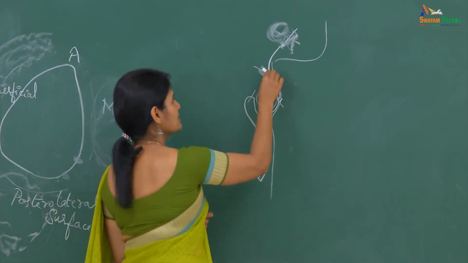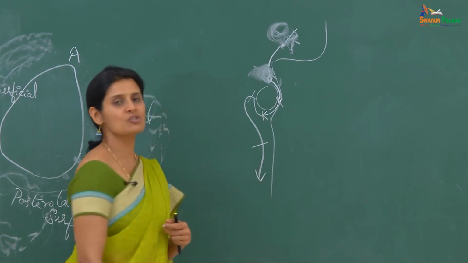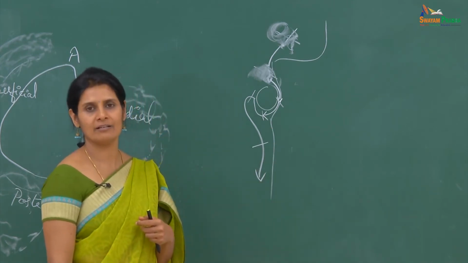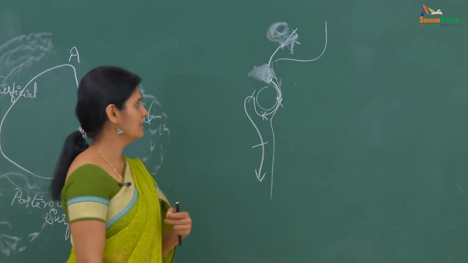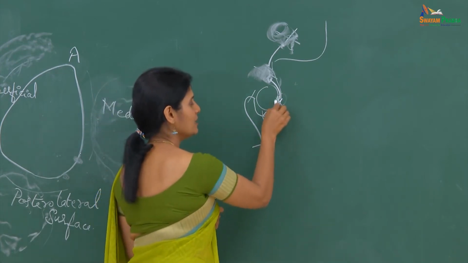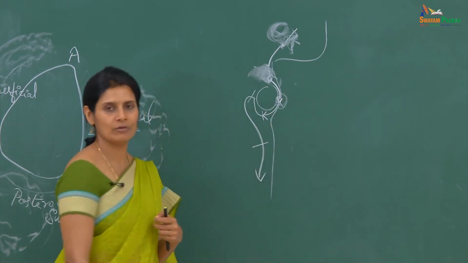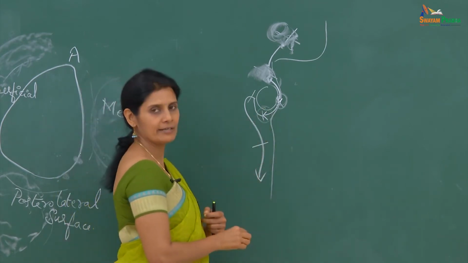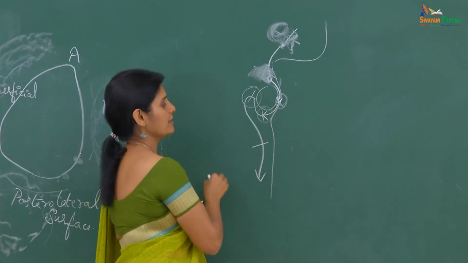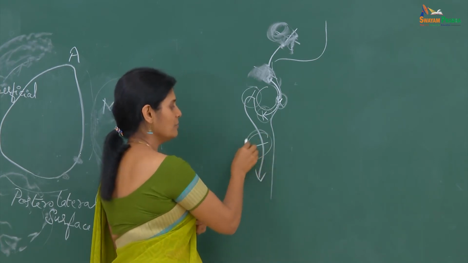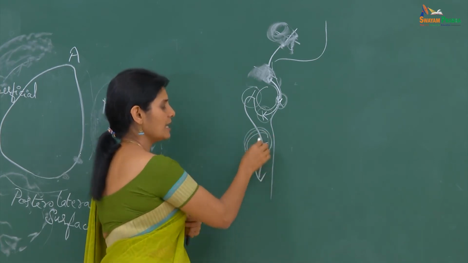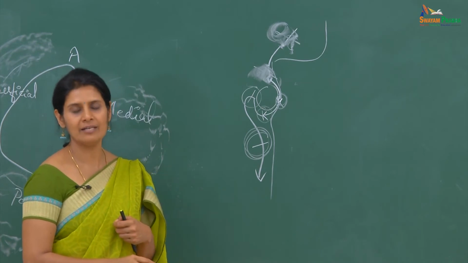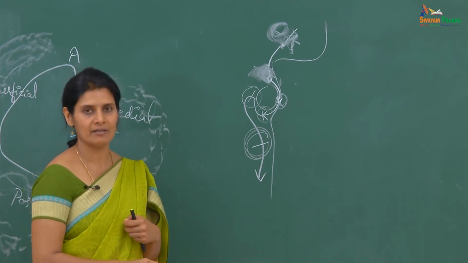It can be present here, then it becomes a suprahyoid thyroid, a thyroid which is above the hyoid bone. It can be in front of the hyoid bone, prehyoid, or it can be infrahyoid, retrohyoid, or it can be below the hyoid bone above the cricoid cartilage or the rings of the trachea.